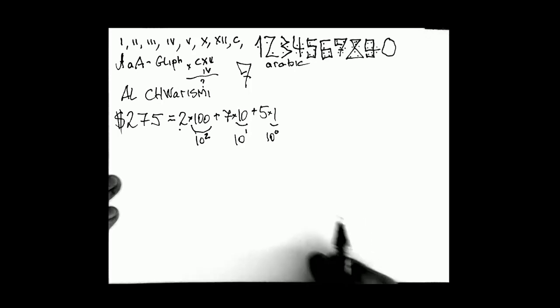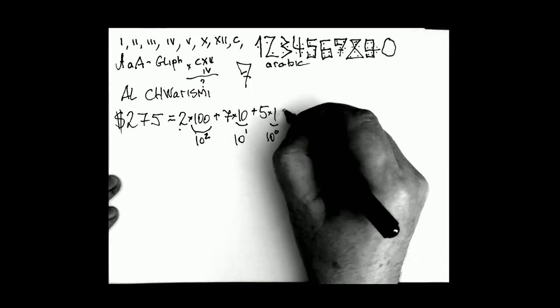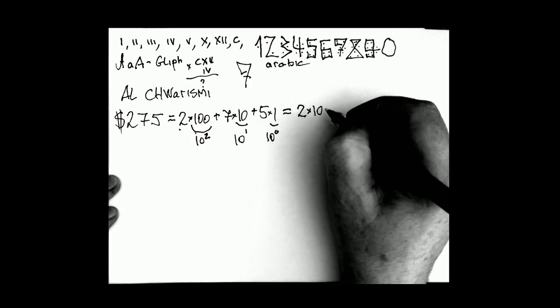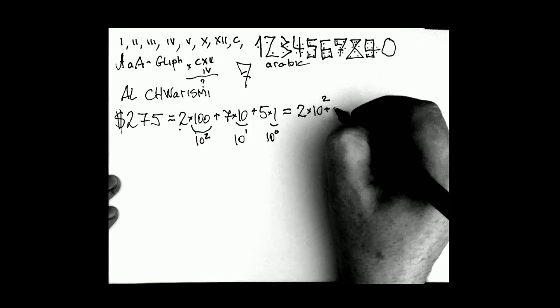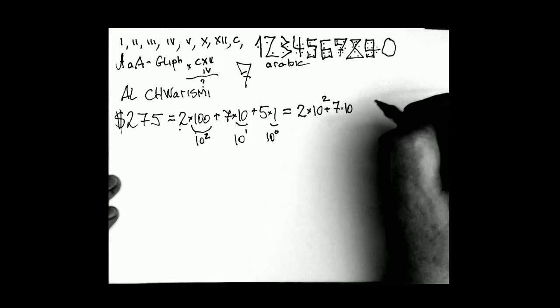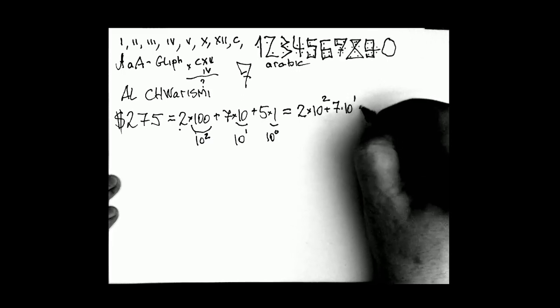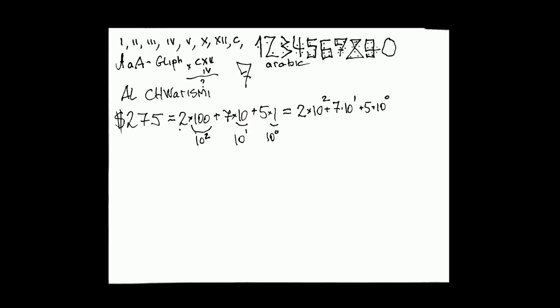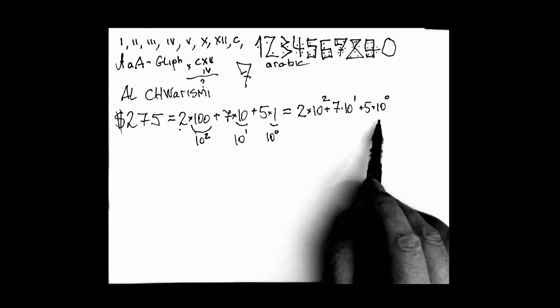So folks, I can record this like this: 2 multiplied by 10 in the power of 2, plus 7 multiplied by 10 in the power of 1, plus 5 multiplied by 10 in the power of 0. So definitely this is 200, this is 70, and this is 5.